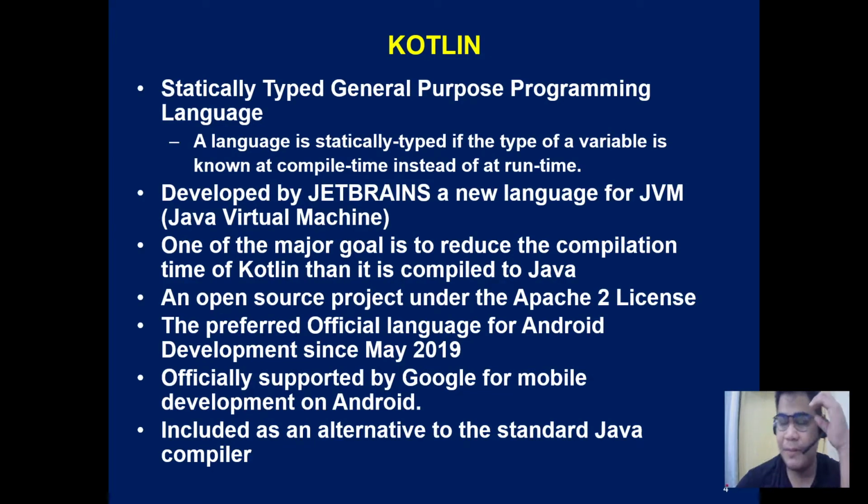So processing is very fast. So we might not be able to feel the time taken by the compilation. But that's one of the purposes, or the major goal of Kotlin, to reduce the compilation time compared to when it is compiled to Java.